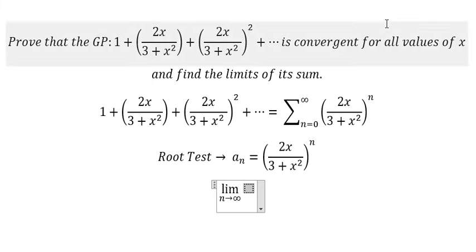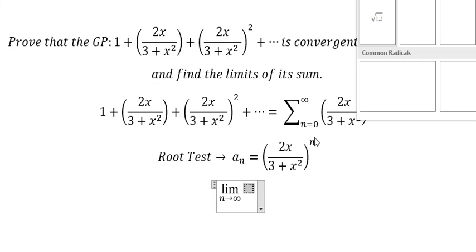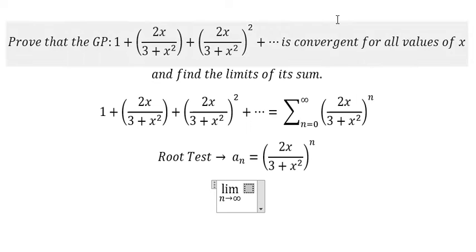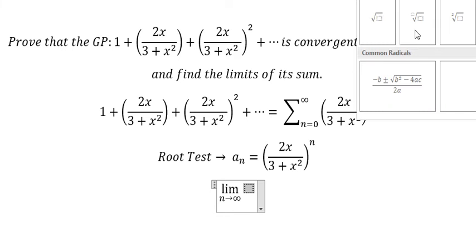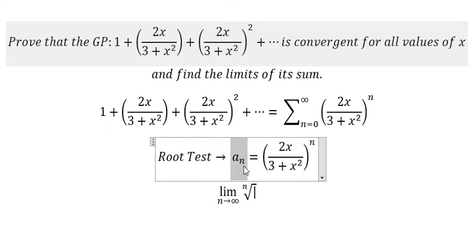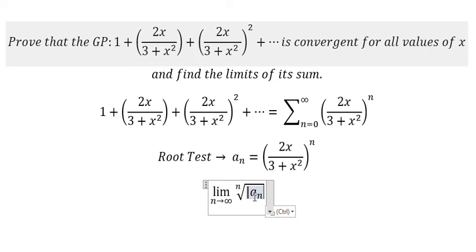So we have the nth root, and we put inside a_n with the absolute value in here.